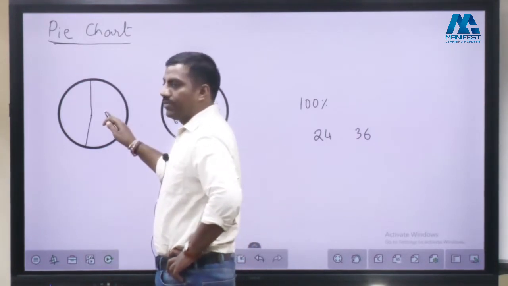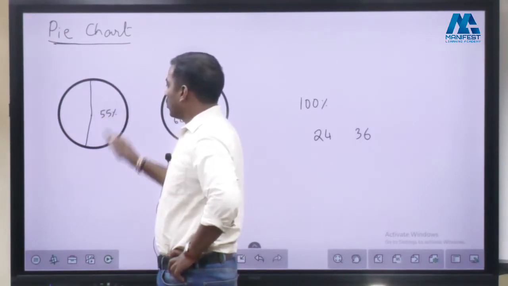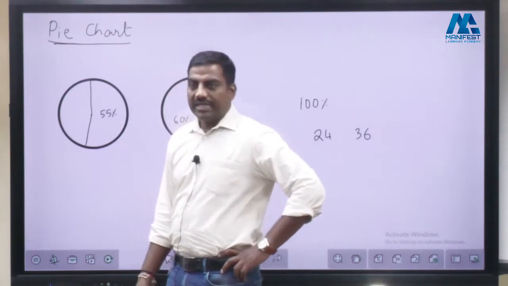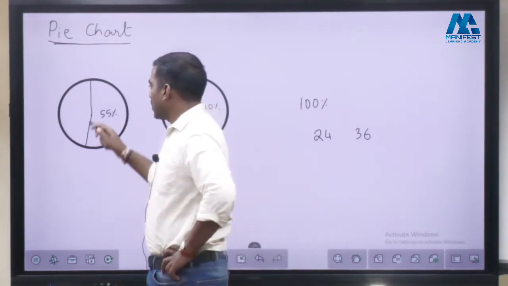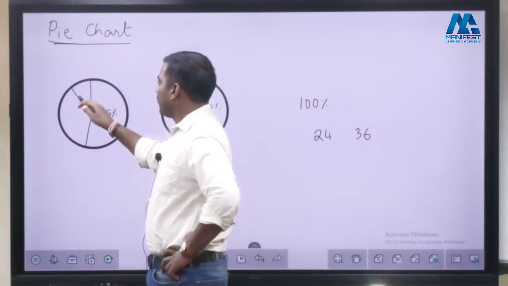So maybe 55% belong to, let's say, BJP. Then around 15% belong to JDS.